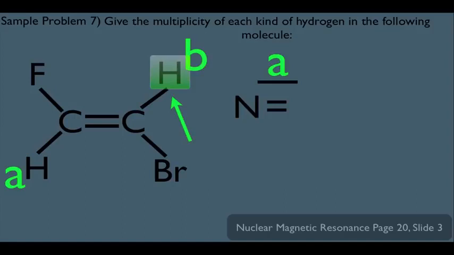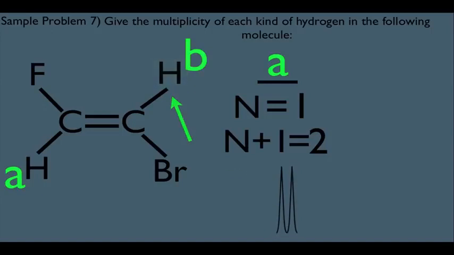You might think this is different from what we've been doing before, but this is the exact same type of analysis that we've been doing this whole time. So the N value for the A hydrogen is 1. He has 1 neighboring B hydrogen. Plugging into the formula here gives us 2, which means we should expect to see the A hydrogen as a doublet on the NMR.